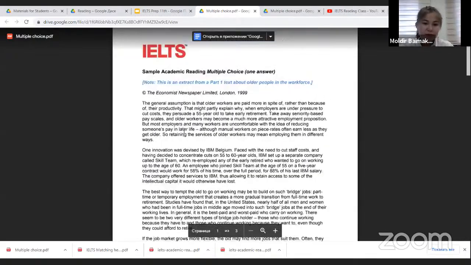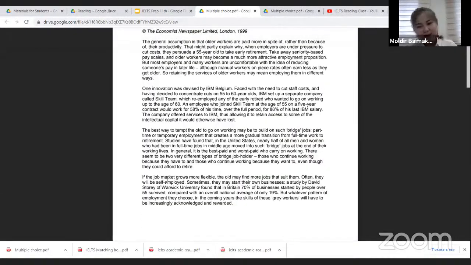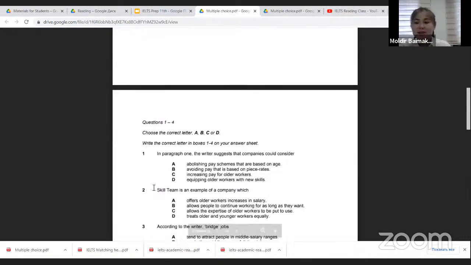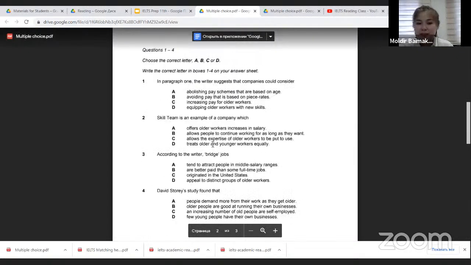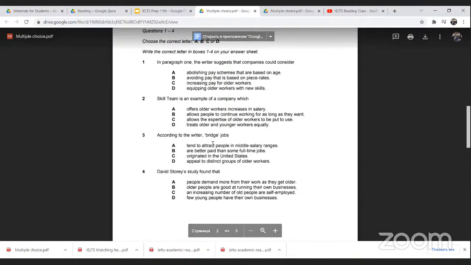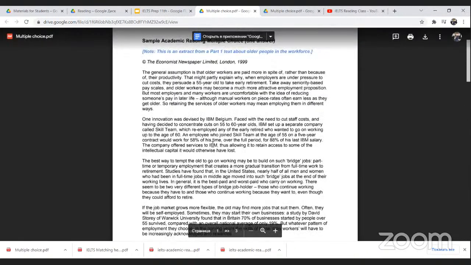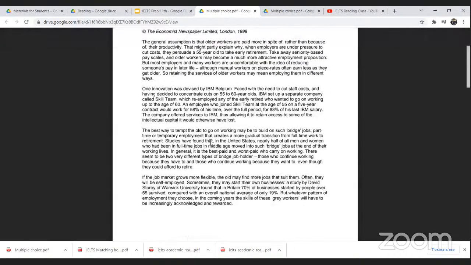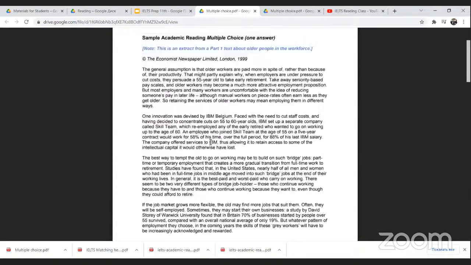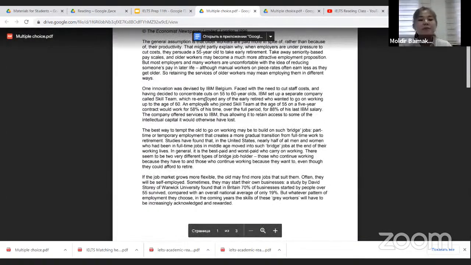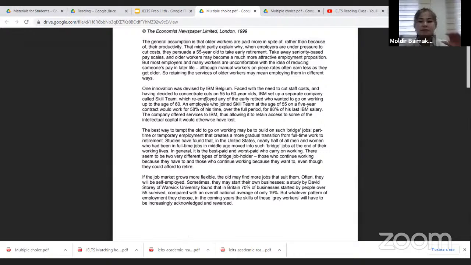It has four quite big paragraphs and four questions. I guess it is like reading in IELTS. Is it the main passage, one of the passages? It's not a full passage, it's like an extraction.